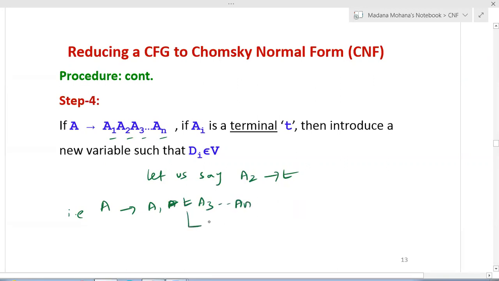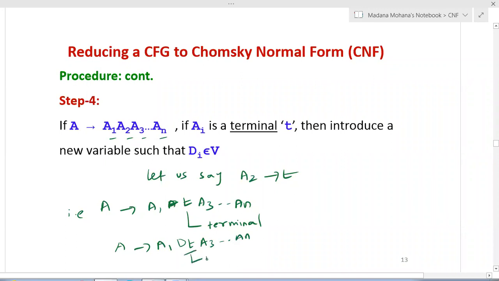So what do you have to do here? A new variable is introduced: A derives A1, then for the terminal t, let us say D suffix t, with the same terminal, we introduce a new variable, then A3 and so on An.